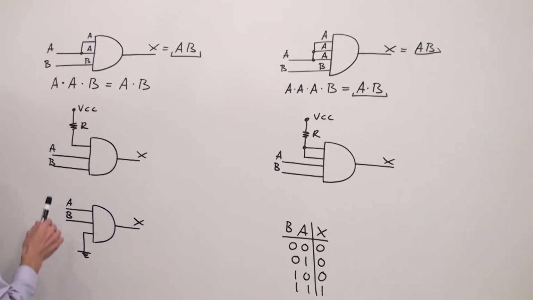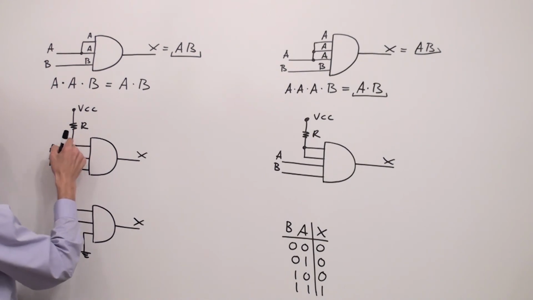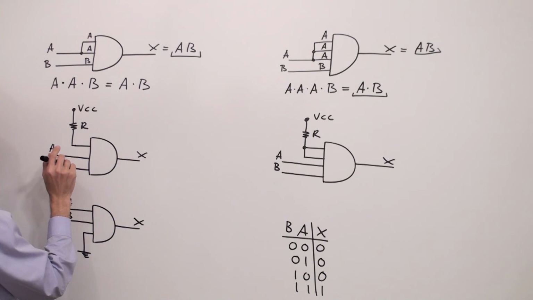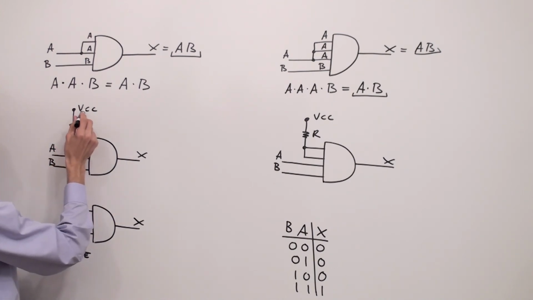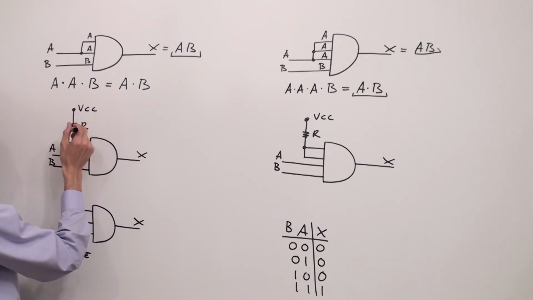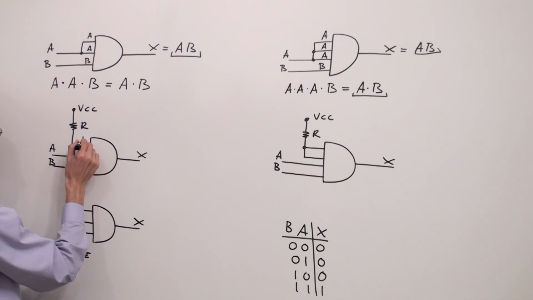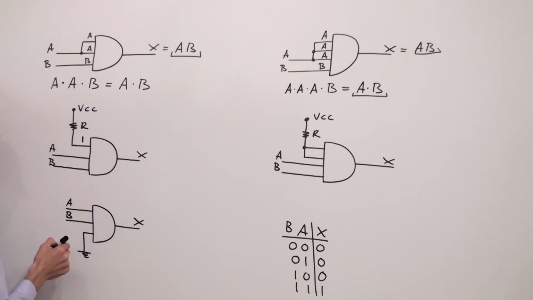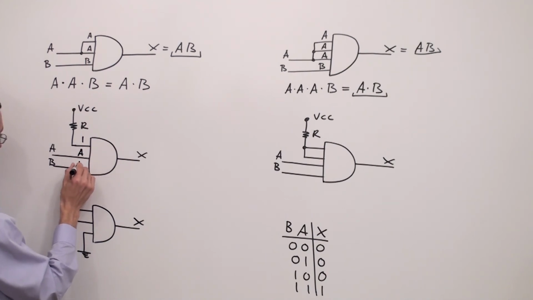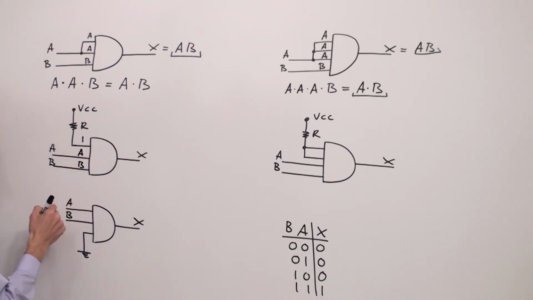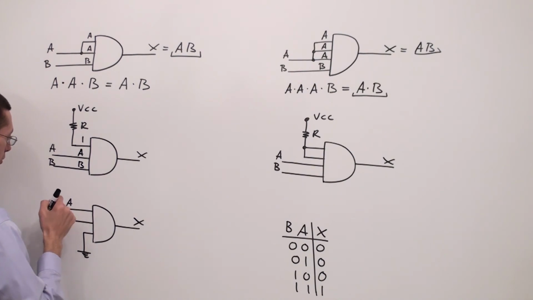Let's take a look at this gate. We have a pull-up resistor. We're going to discuss pull-up resistors later on, but it simply means that we have VCC, and VCC represents logic high. So high is connected to this input. And I have A over here and I have B over here. As we said, AND represents multiplication.